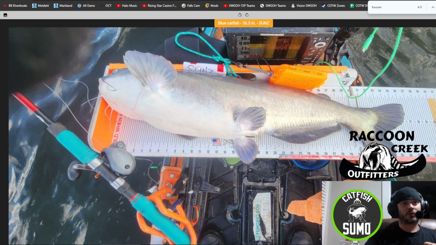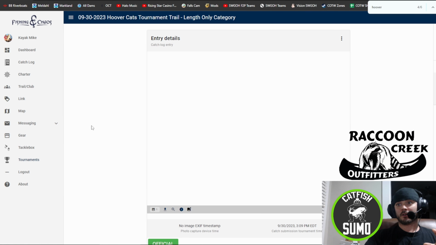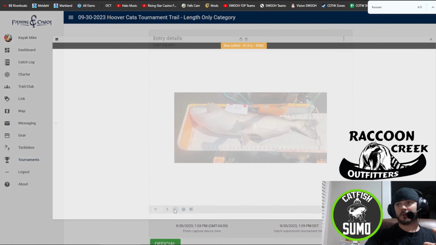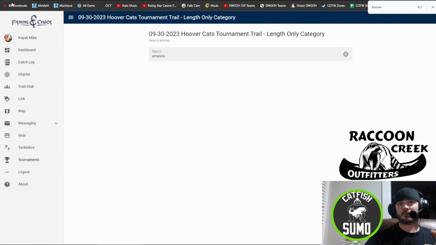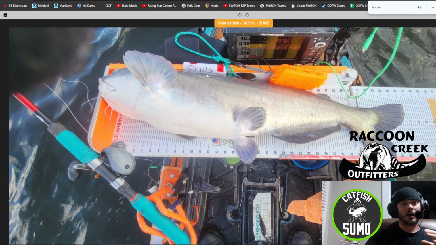Did she submit fish earlier in the day with this identifier? Yes, let me show you. Is it? Nope, that's the one we were just on. So this fish right here, it's clearly the same identifier in this photo that it is in this photo. However, I cannot use logic when I am judging fish.